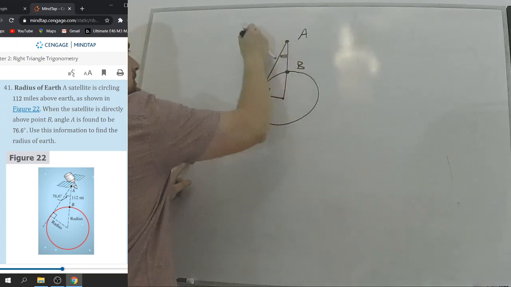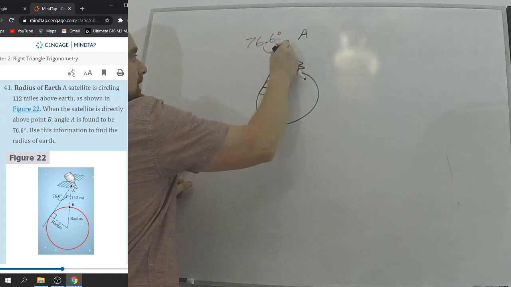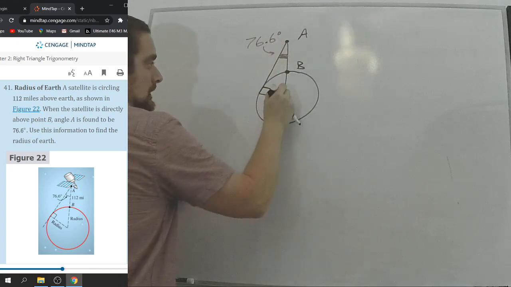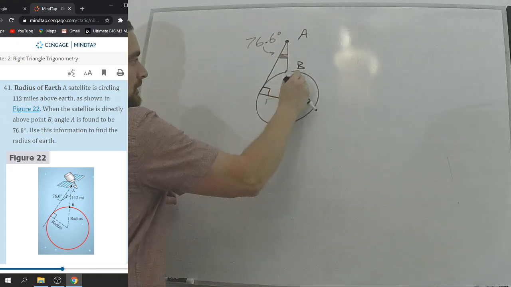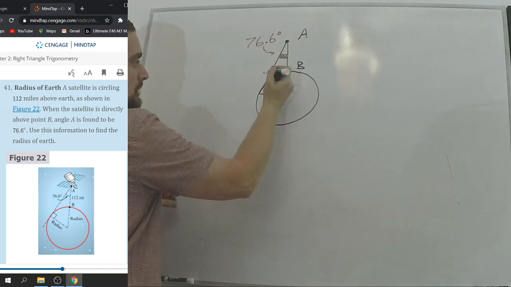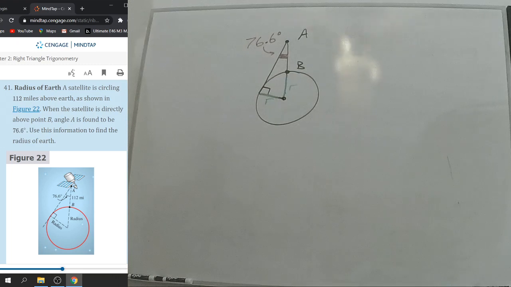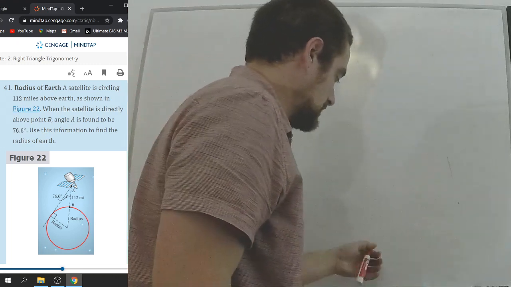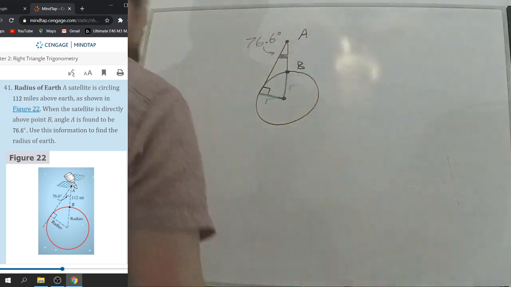This is 76.6 degrees. It's the angle in here. And this is our radius. Those are the same R, since of course we're just going to assume the Earth is just a nice circle. Oh, and I forgot the 112.